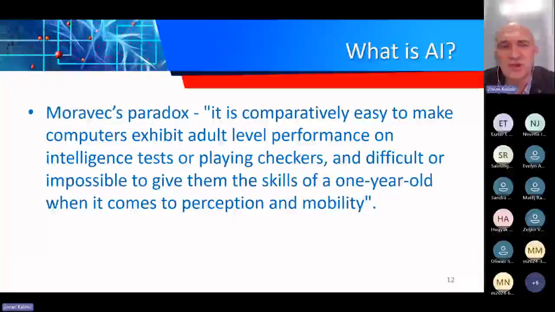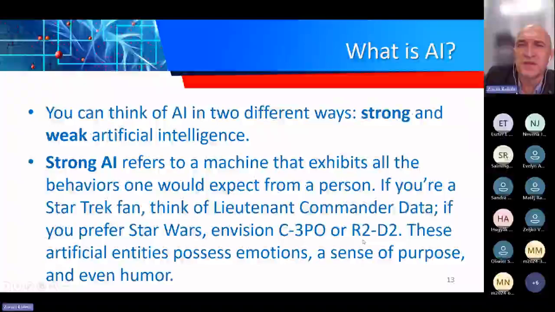For example, one of the tests for robots is how they can take an egg and move it to another location without breaking it or dropping it, and it is, let's say, quite a simple operation for kids, and for robots it's still a demanding operation.